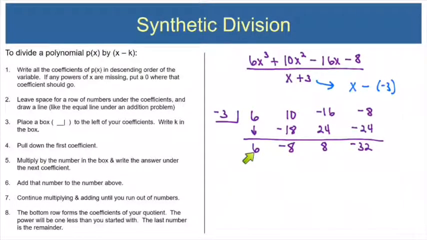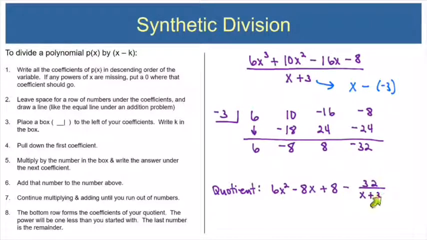So our quotient is 6x squared minus 8x plus 8 minus 32 over what we divided by. Now, what did we divide by? Not negative 3, but we divided by x plus 3. So we put minus 32 over x plus 3. And that is the synthetic division process.